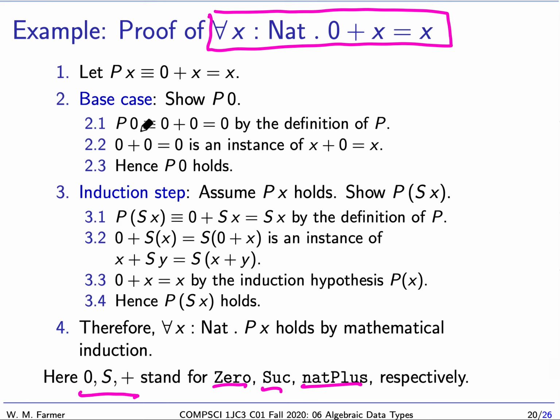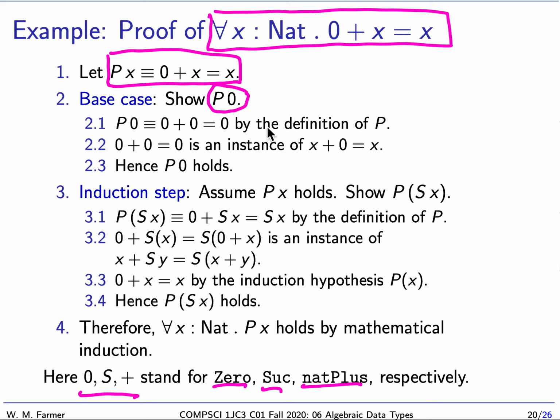Okay, so here's P. P of x equals this statement: 0 plus x equals x. And so now, for the base case, I have to prove P of 0. Well, P of 0, what does that equal? If I put 0 in for x, I get 0 plus 0 equals 0.